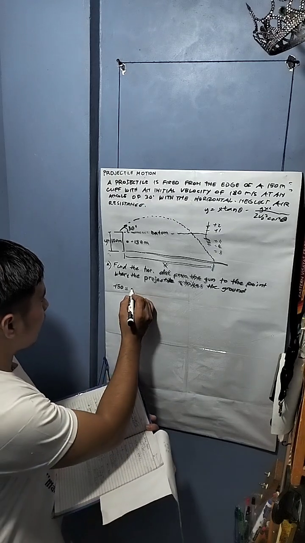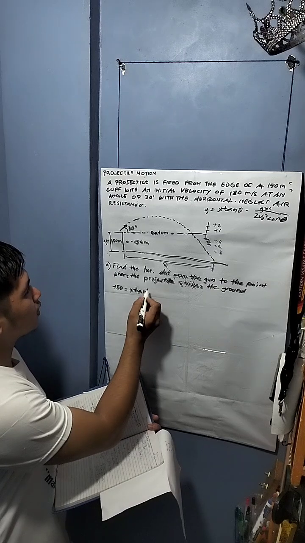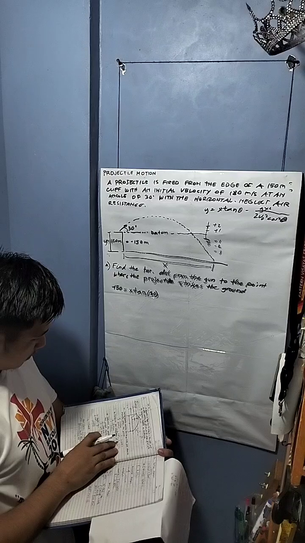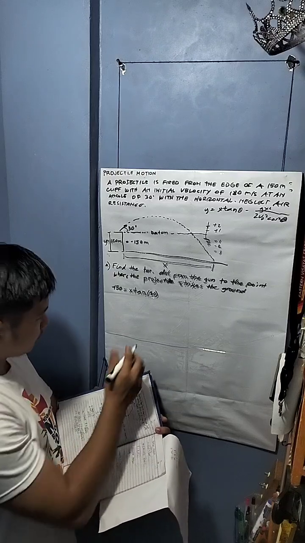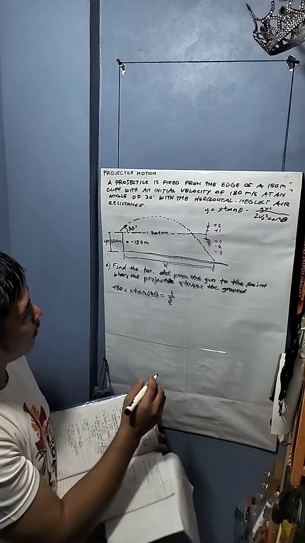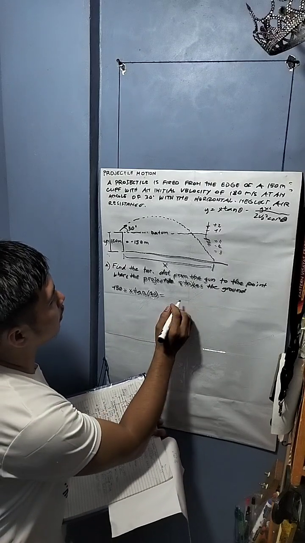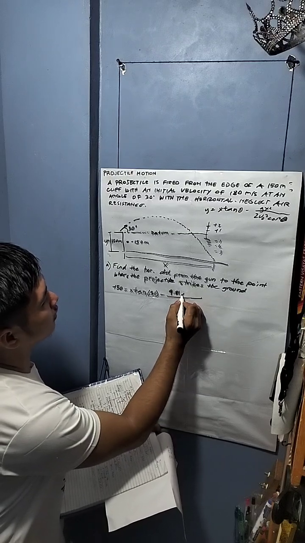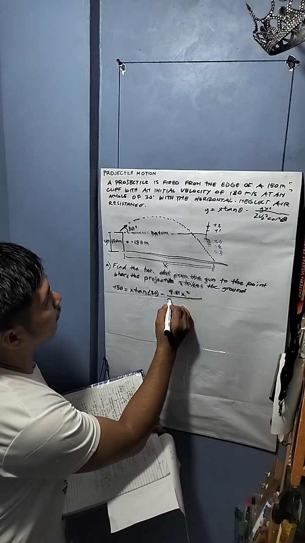So we have x tangent of 30 minus the 1/2 of 9.81 x squared over 2.